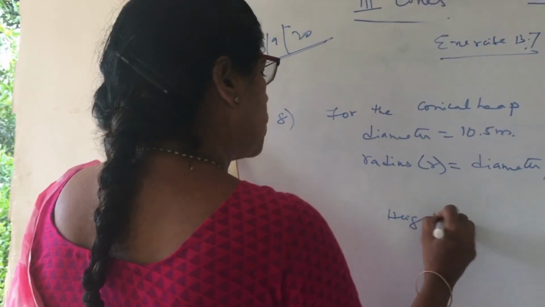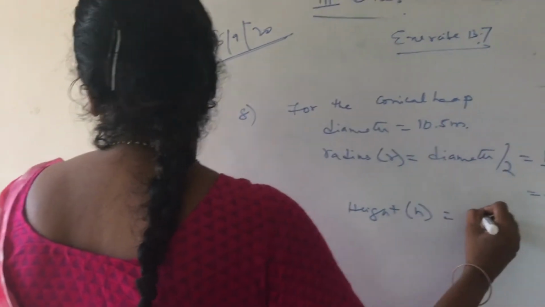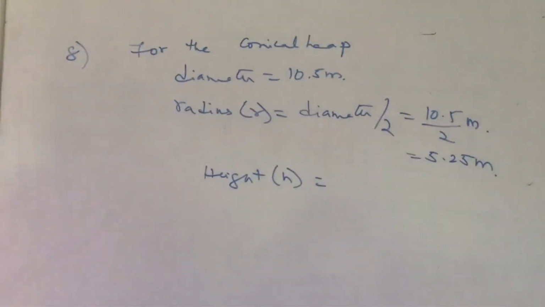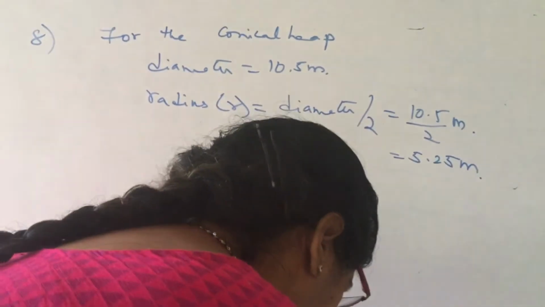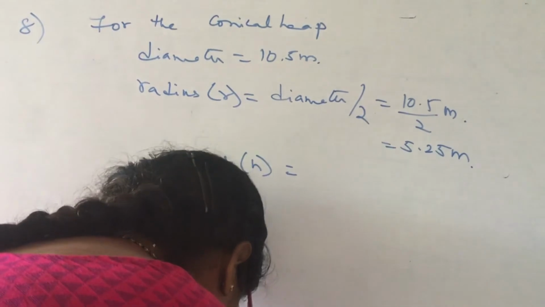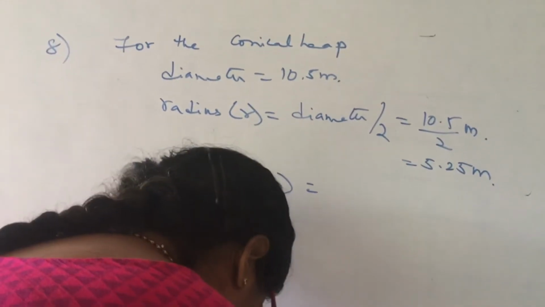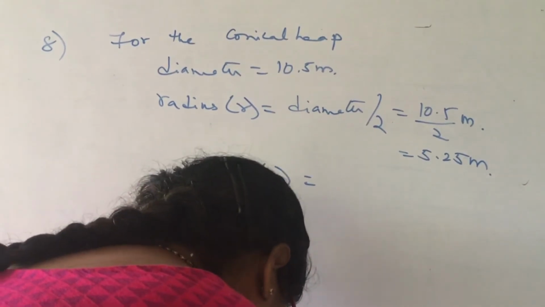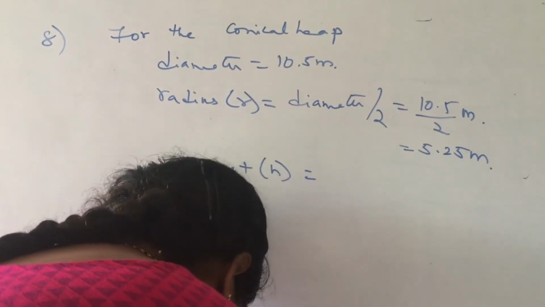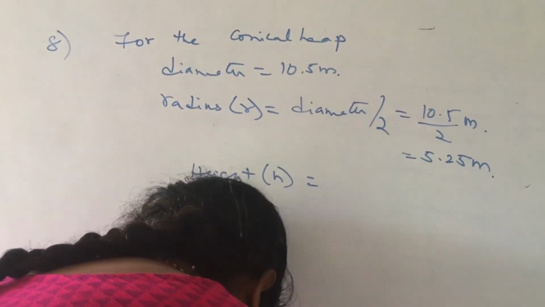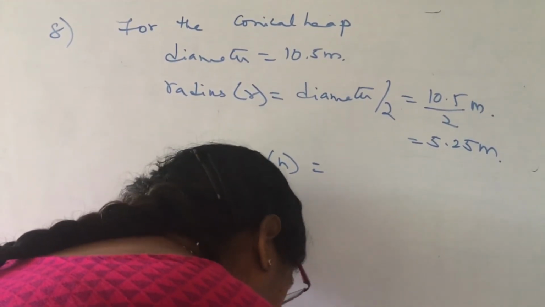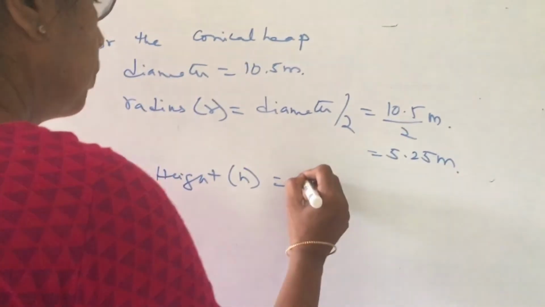How much is your height, children? The height h is 3 meters.